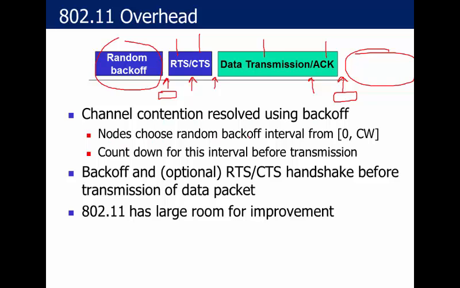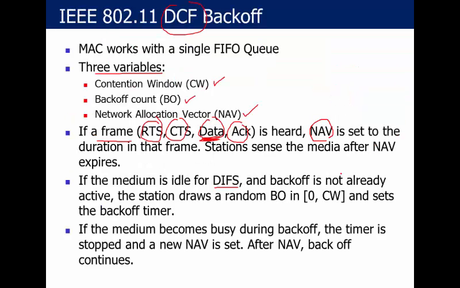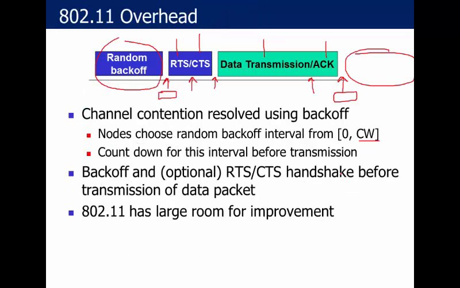Channel contention is resolved using backoff. Nodes choose a random backoff interval from 0 to CW, which stands for contention window. So during the contention, there's some time period, right? Say the next 5 microseconds are contention, so you will be number 1, you will be number 2.